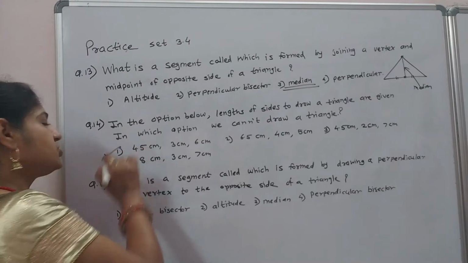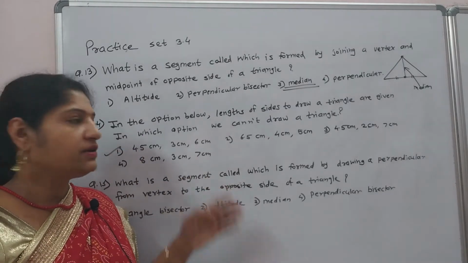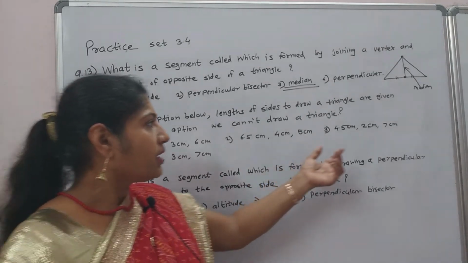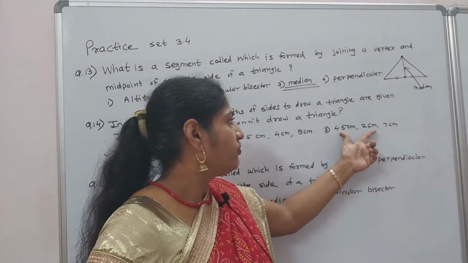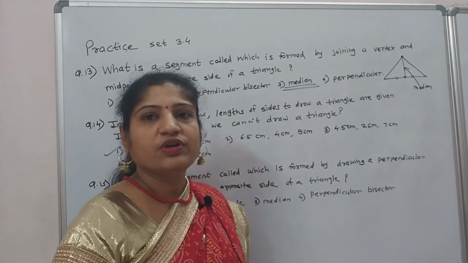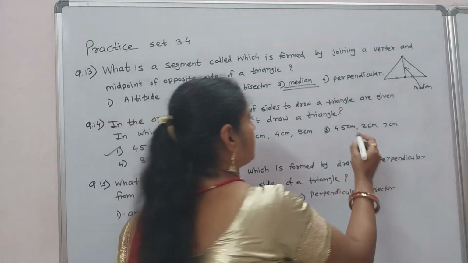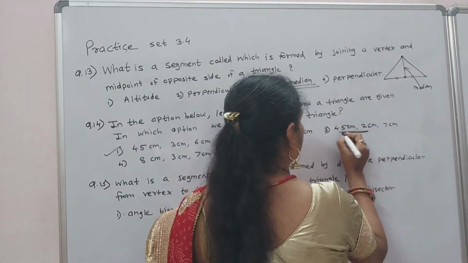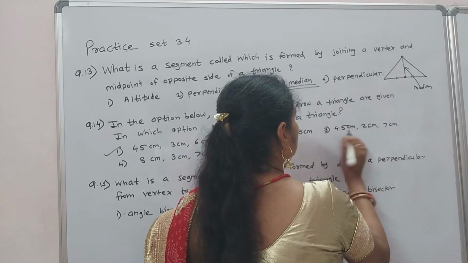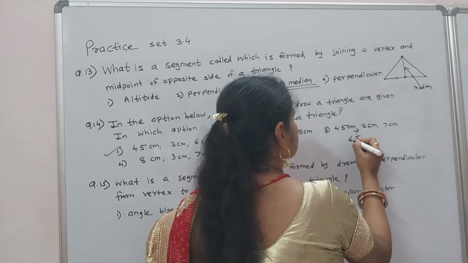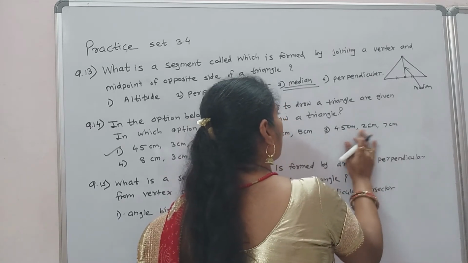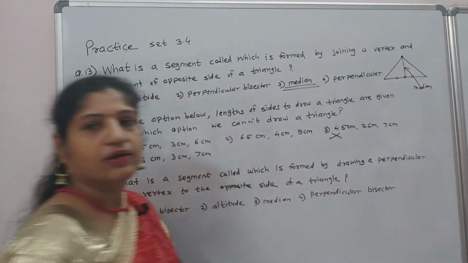We can draw this triangle. Option number 3: 4.5 plus 2 is 6.5, and the third side is 7. The addition of two sides must be greater than the third side, but here 6.5 is less than 7. So we cannot draw this triangle.